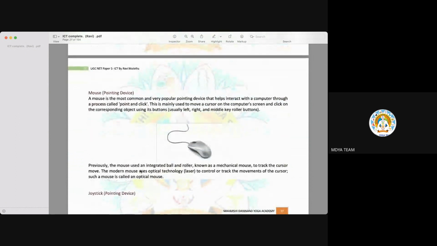Okay, another input device is a pointing device, the mouse. So mouse has a simple point and click process.